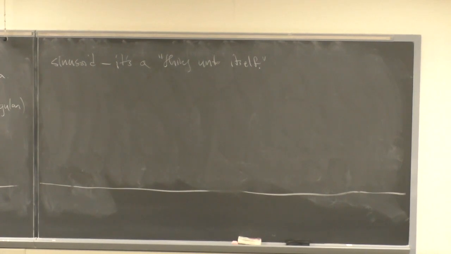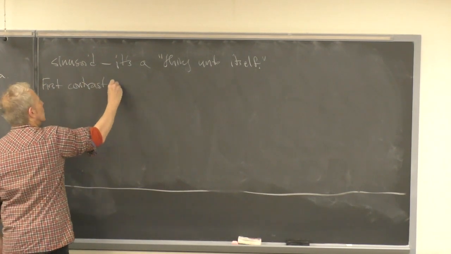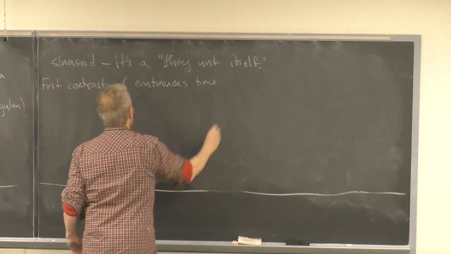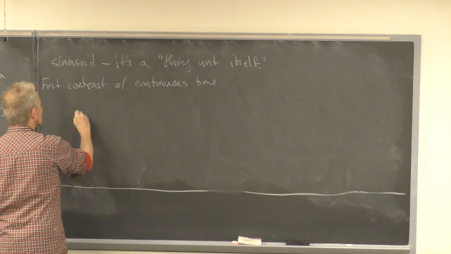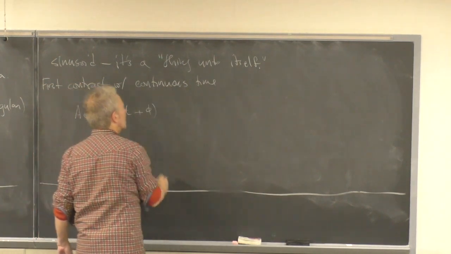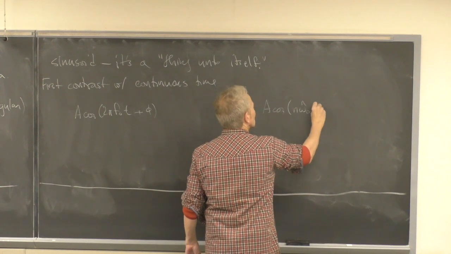But anyway, okay. What about this normalized frequency omega 0 hat? It's positive. What dimensions does it have? It has no dimensions. So here's our first contrast with continuous time. Over here we have the continuous time universe, we have A cos of 2 pi f0 t plus phi. Over here in the discrete time universe, we have A cos of n omega 0 hat plus phi.